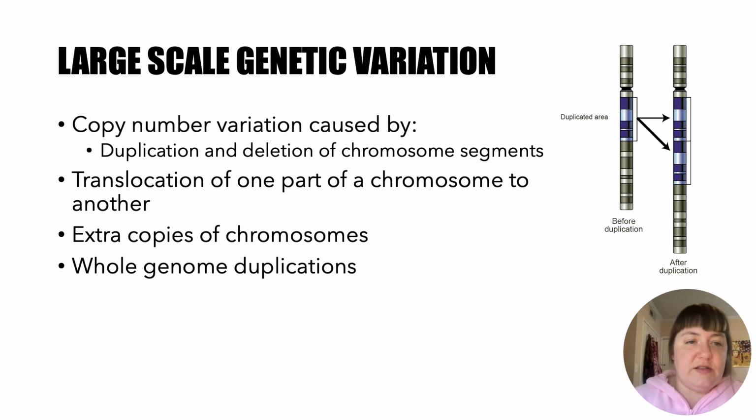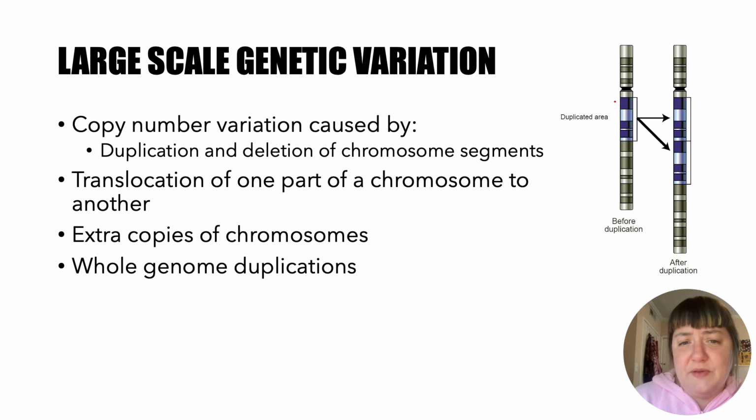And then there is also some large-scale genetic variation. I won't really get into it very much, but there's something called copy number variation, which is very popular in plants. They really like to duplicate their genes for some reason, and this can happen during replication or other events like transposon action.